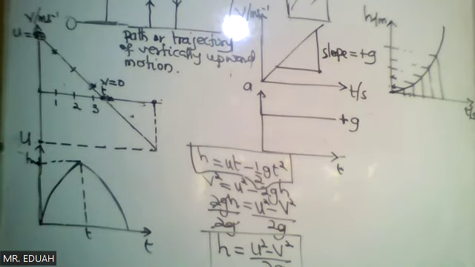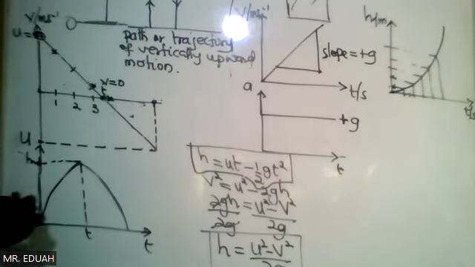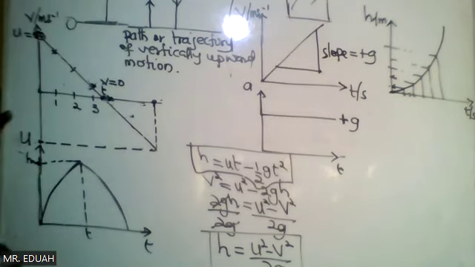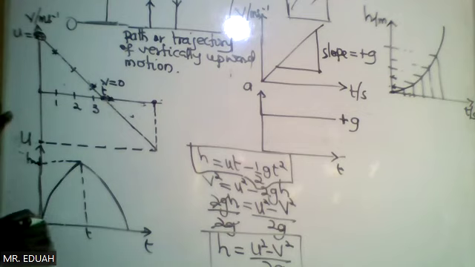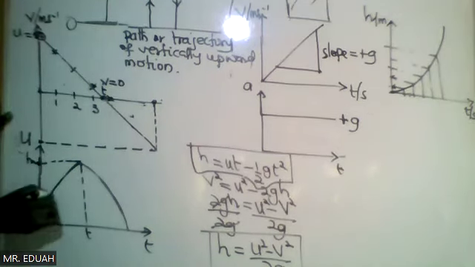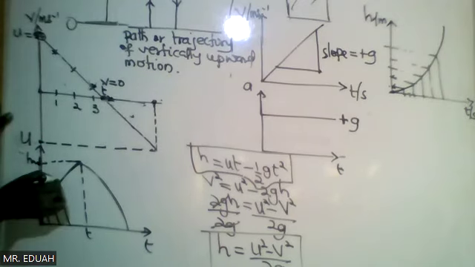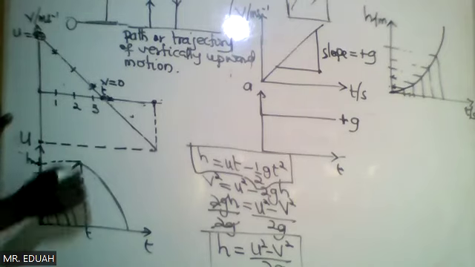So this is the displacement time graph. And this is the velocity time graph. Showing that as time increases, the displacement also increases. This, and this time will give us this.